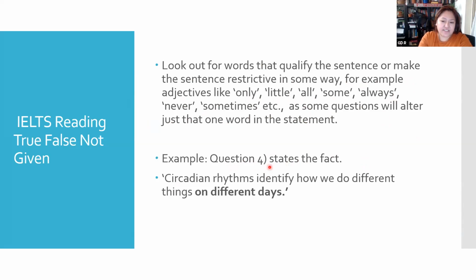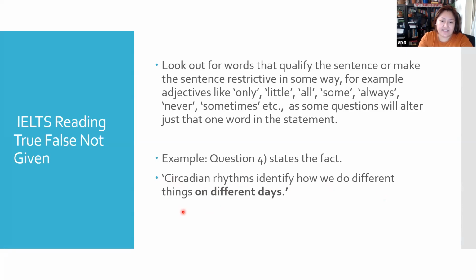Question number 4 states the fact that circadian rhythms identify how we do different things on different days. So let's go to the passage if it agrees to this, if it's true, if it's false, or if it's not given. So again, this is the question number 4. Circadian rhythms identify how we do different things on different days.